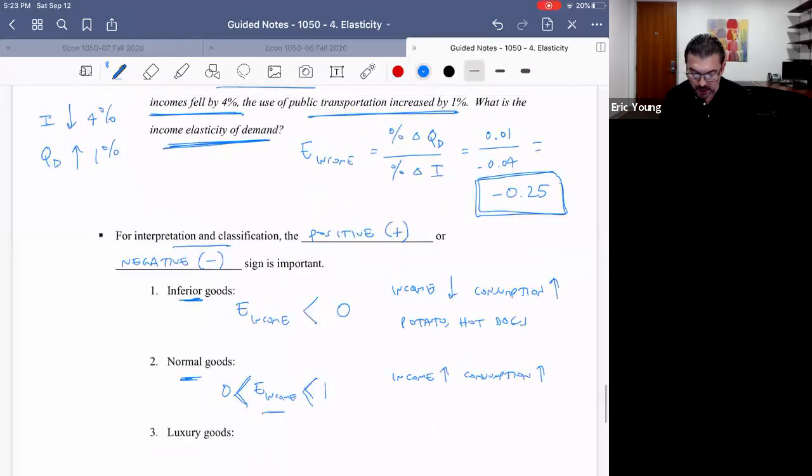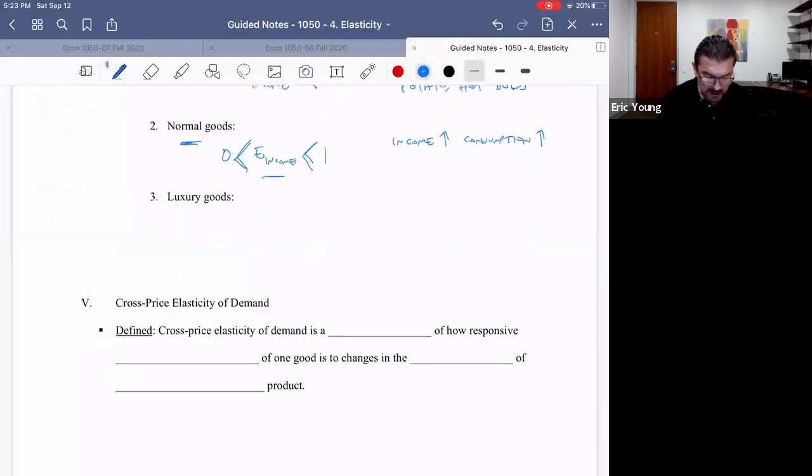You can also use this equation, if you have the data, to determine if a good is a luxury good. A luxury good is defined as a good for which the elasticity coefficient is greater than 1. What this implies is that for a luxury good, the quantity demanded, the amount consumed, is increasing more rapidly than income.